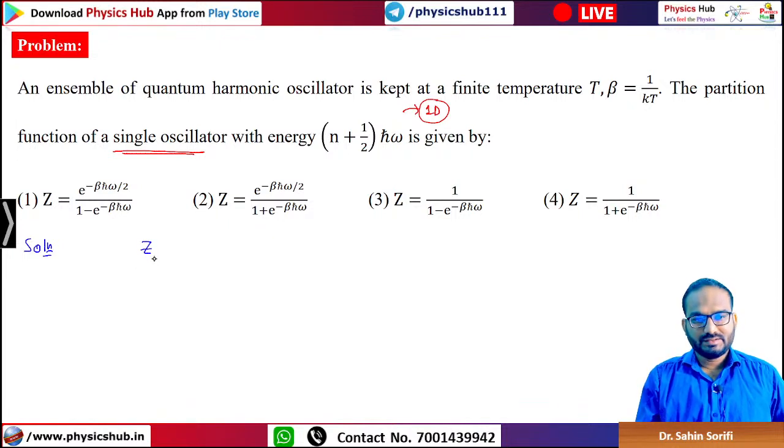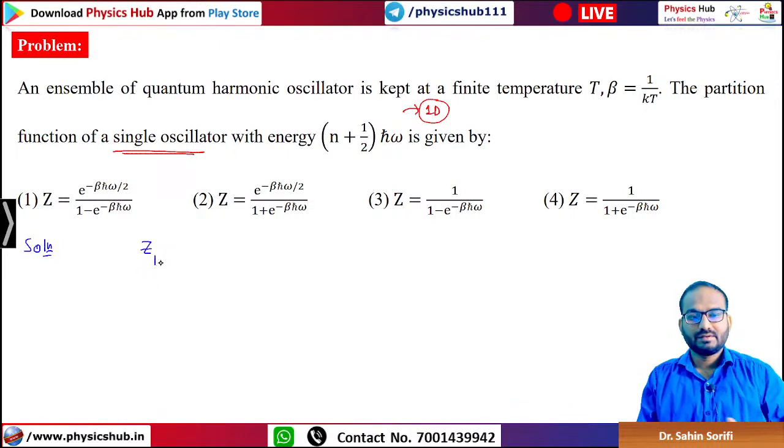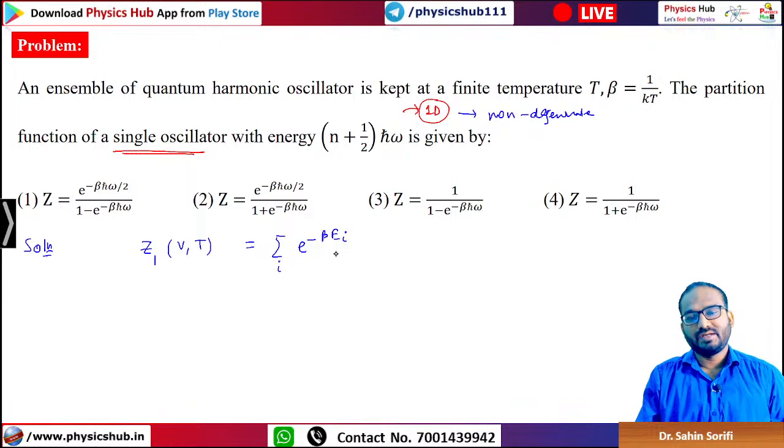So let's write Z1 of beta. You know the formula. Look, one dimensional quantum harmonic oscillators are non-degenerate, right? There is no degeneracy. So if they are non-degenerate, we'll use the formula for non-degenerate. So sum over i, g_i is not there, e to the power minus beta Ei.